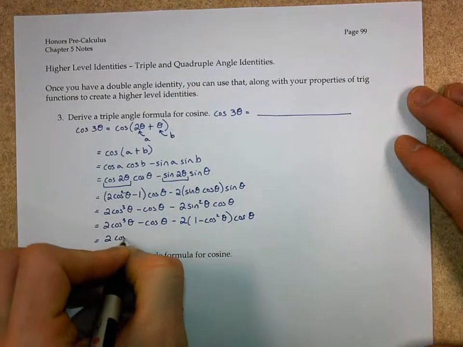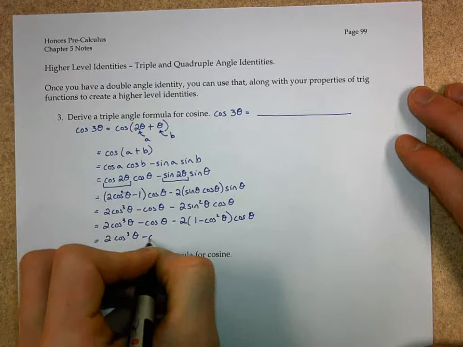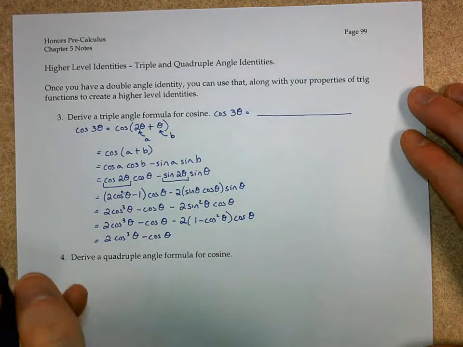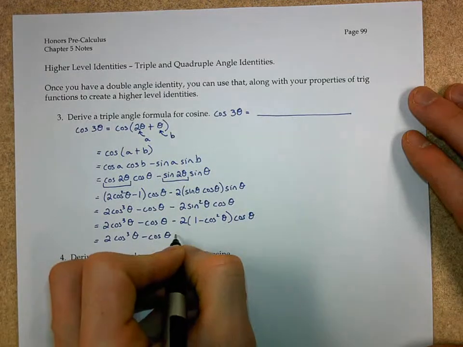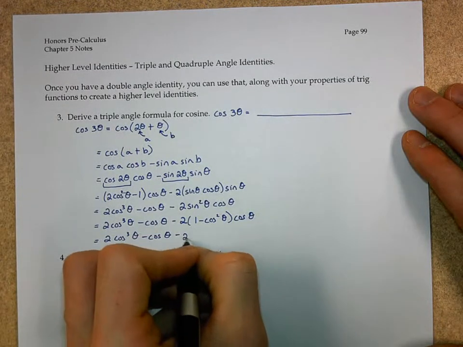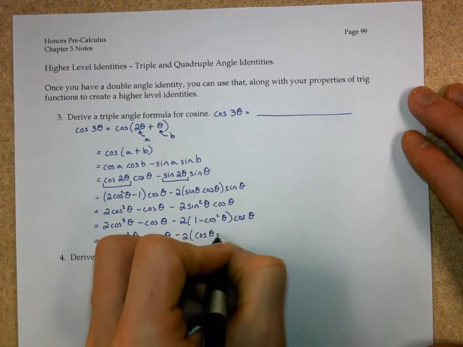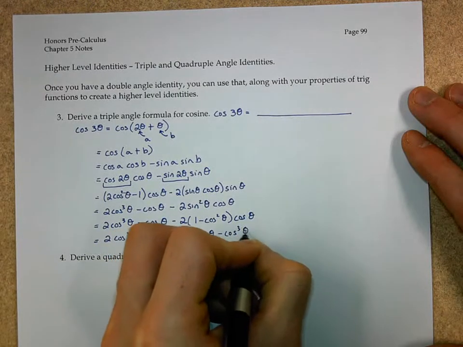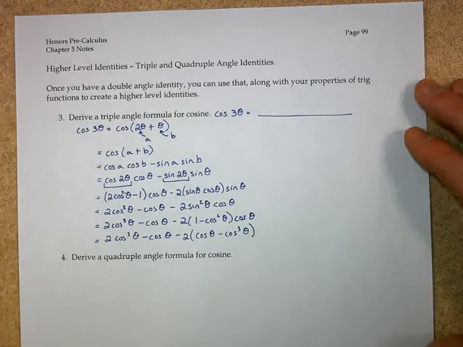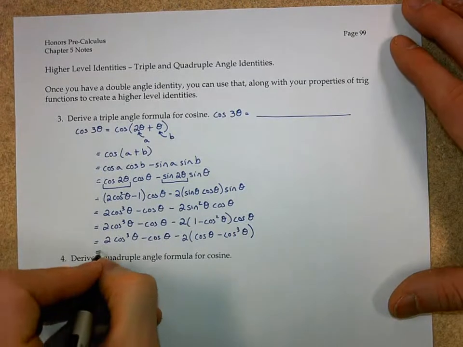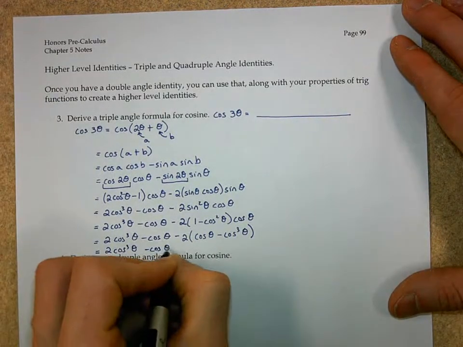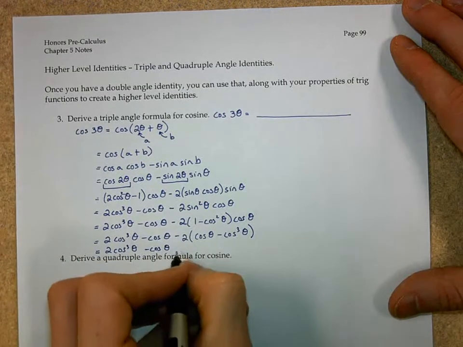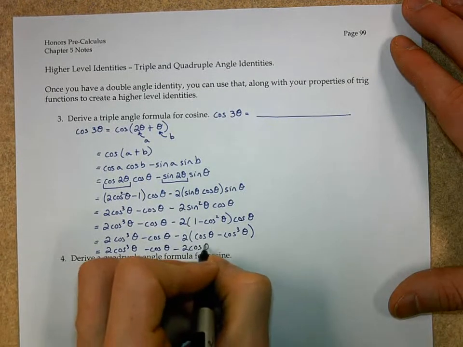So 2 cosine cubed of theta minus a cosine of theta. We'll distribute the 2 in and that cosine. So let me put that cosine in first, and then we'll distribute that 2 in. So minus 2 times cosine is minus 2 cosine theta.